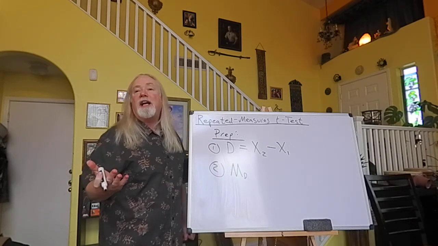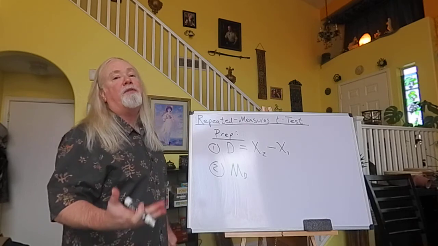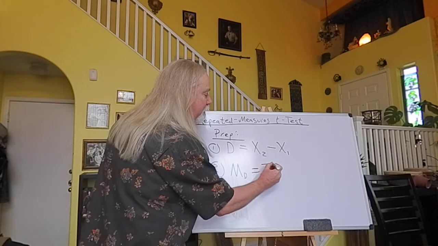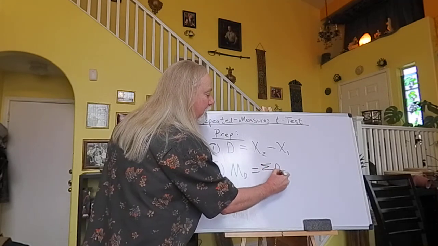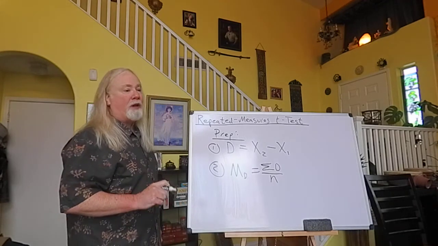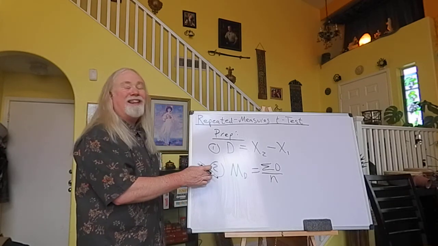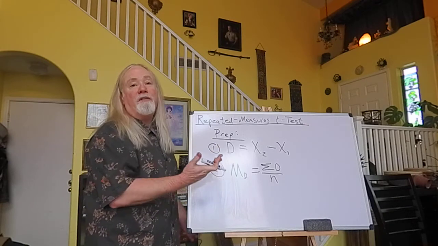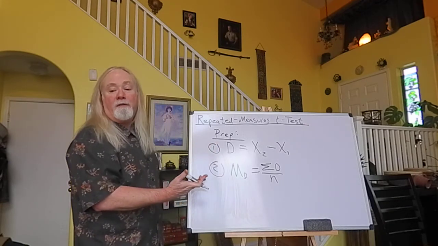It's still an average. How do you get an average? Add up the values you've got, divide by the number of values. So to get the average difference score, we would need to sum up the difference scores and divide by the number of difference scores we've got. So first we get the difference scores, then we get the mean of those difference scores. Some problems might give that to you. If they don't, it's something you've got to get prepared first.